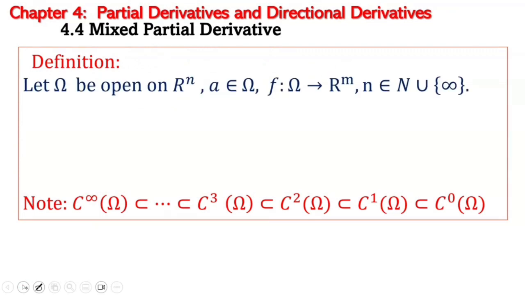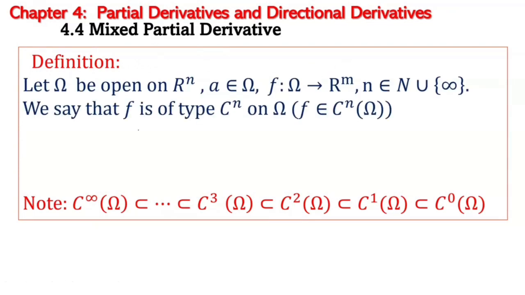Okay, now we have one definition about a function being of type Cⁿ. We say f belongs to Cⁿ(Ω), where n is a natural number including infinity, that is, the extended set of natural numbers.